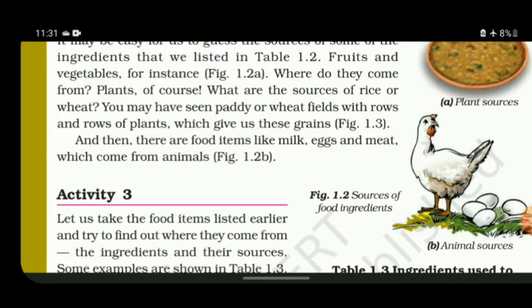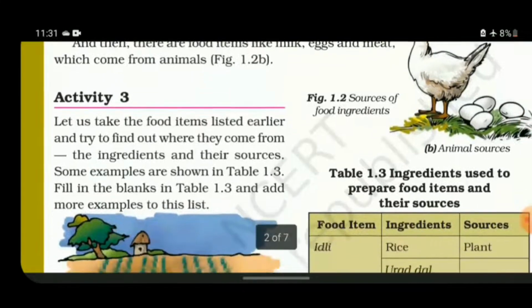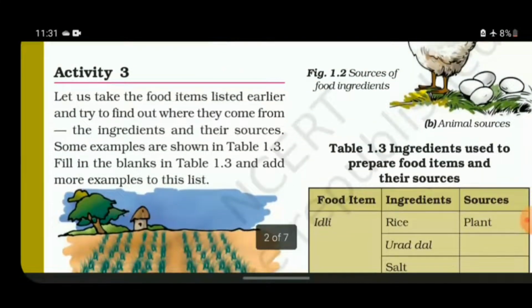Fig 1.2b. Activity 3. Let us take the food items listed earlier and try to find out where they come from, the ingredients and their sources. Some examples are shown in Table 1.3.